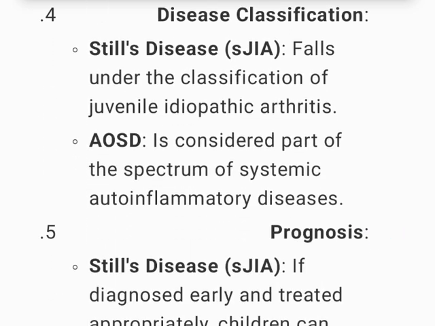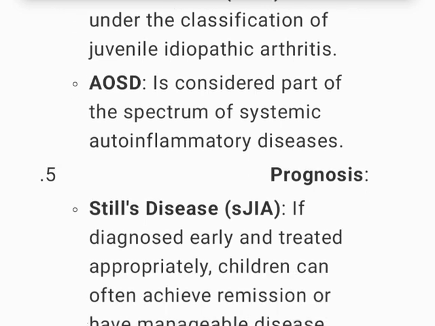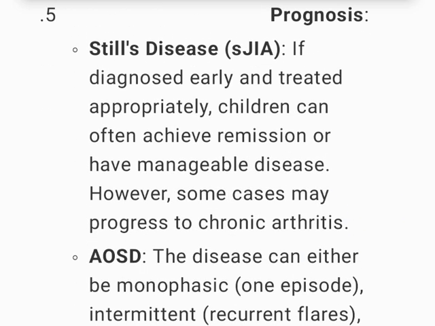4. Disease classification. Still's disease falls under the classification of juvenile idiopathic arthritis. AOSD is considered part of the spectrum of systemic autoinflammatory diseases. 5. Prognosis. Still's disease, SJIA: if diagnosed early and treated appropriately, children can often achieve remission or have manageable disease.